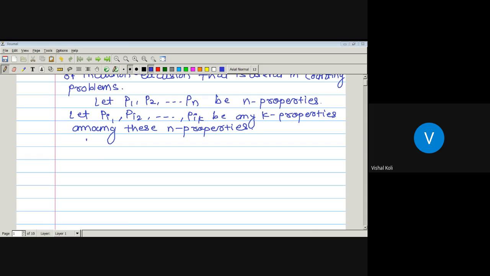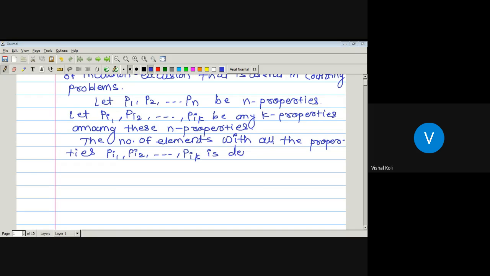So the number of elements with all the properties Pi1, Pi2 up to Pik is denoted by n of Pi1, Pi2 up to Pik.